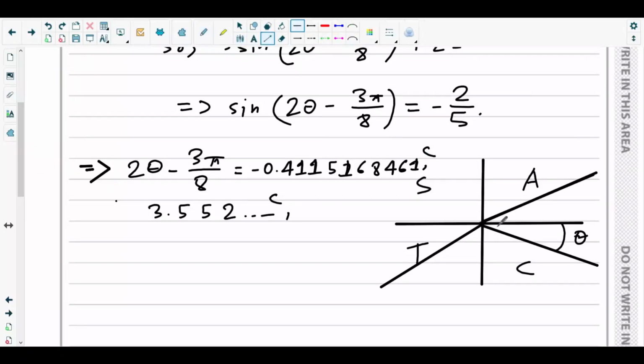Then another possible value, this is the third one. In the fourth quadrant sine theta is negative, so this is 2 pi minus the principal angle, which is 2 times 3.1416 minus 0.4115168, giving 5.872 radian. Did we get the value for theta at R?